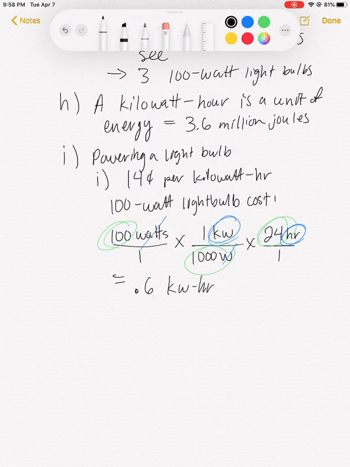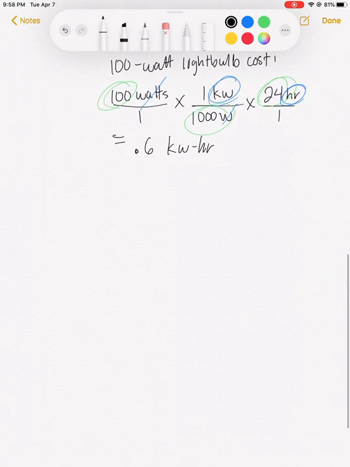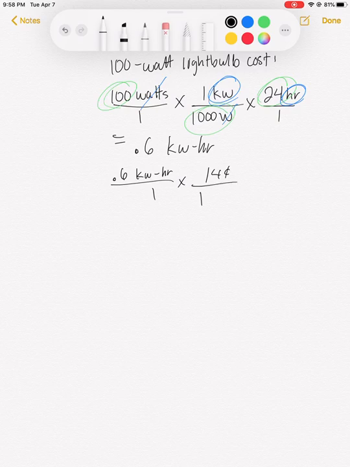Now we multiply the kilowatt hours times our rate: 0.6 kilowatt hours over 1 multiplied by 14 cents per kilowatt hour. The kilowatt hours cancel, and we have 0.6 times 14, which gives us 30.